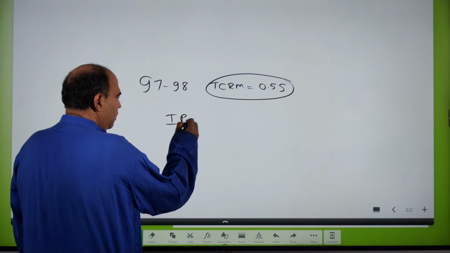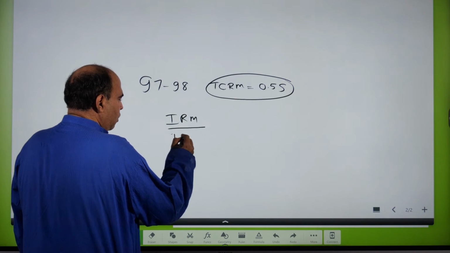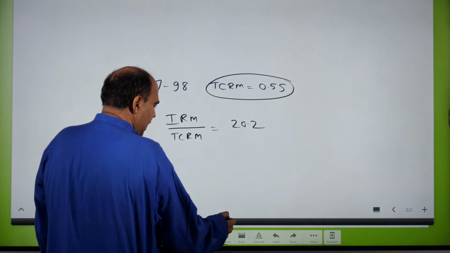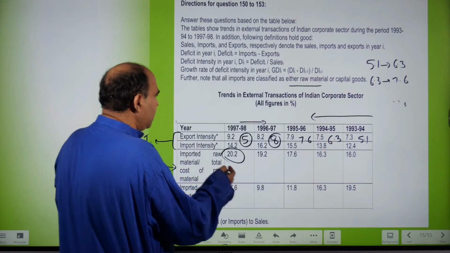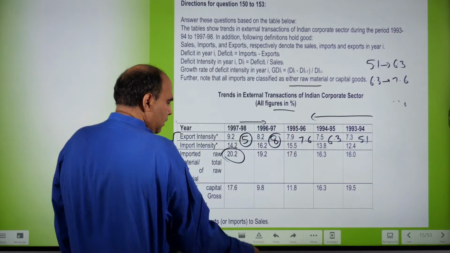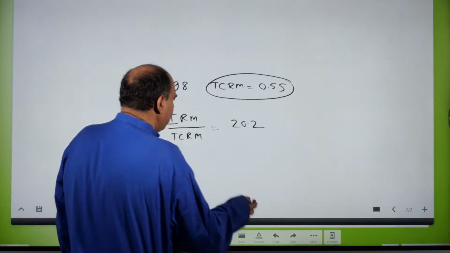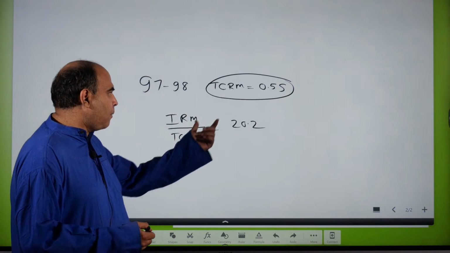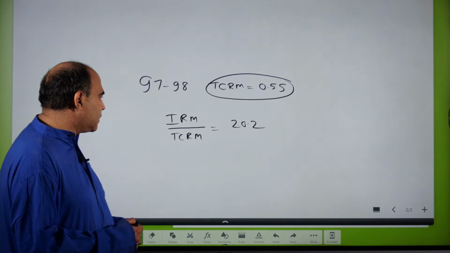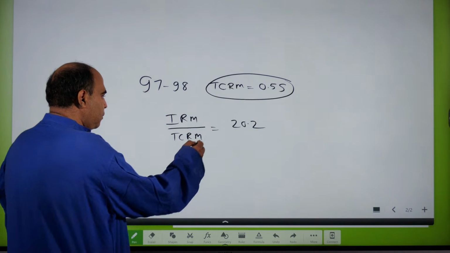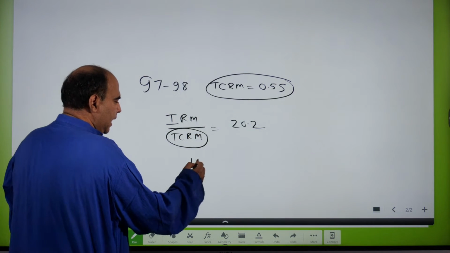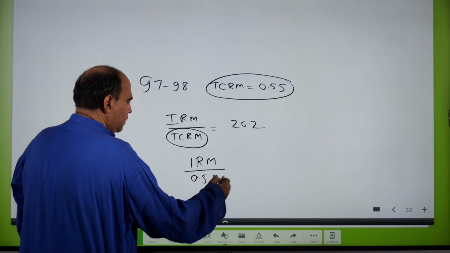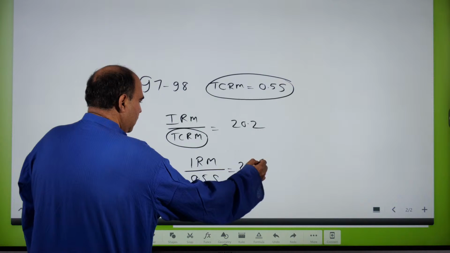Imported raw material by total cost of raw material is 20.2, and all the numbers here are given in percentage, so you should realize that this is 20.2%. And if the total cost of raw material is 0.5 sales, then IRM divided by 0.5 sales is equal to 20.2.